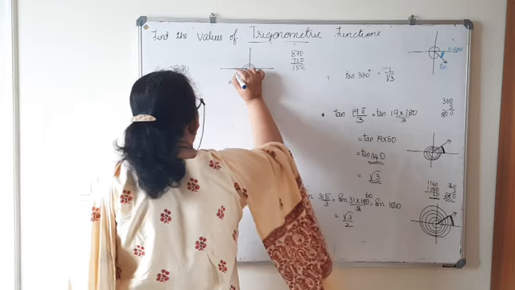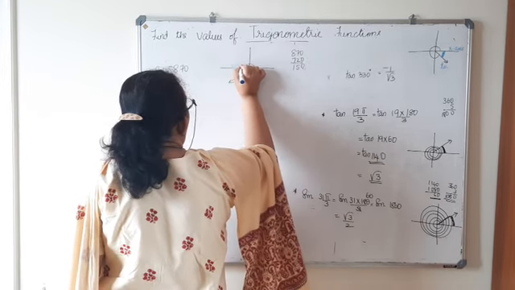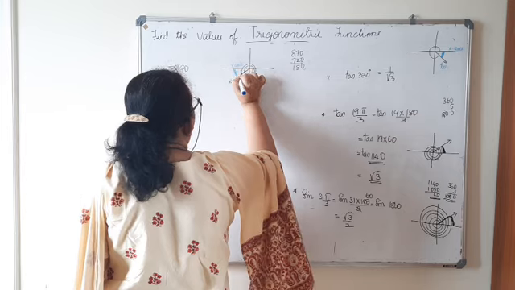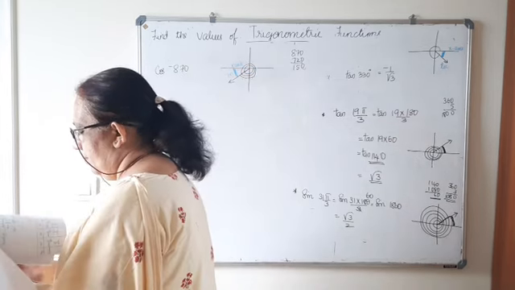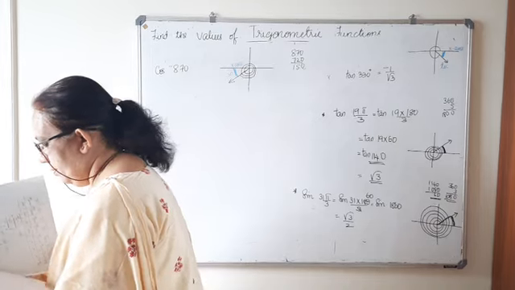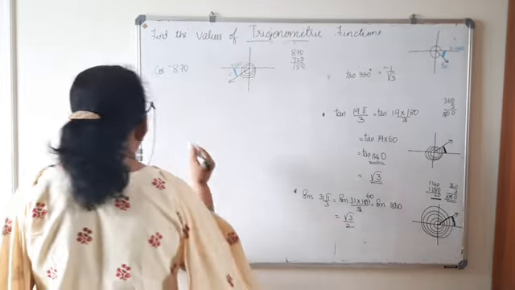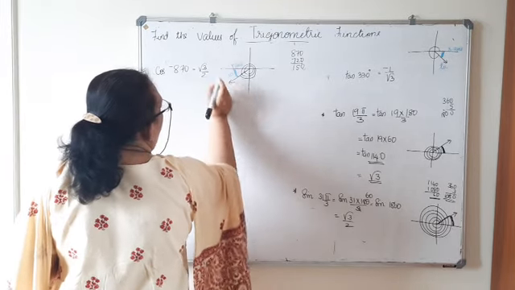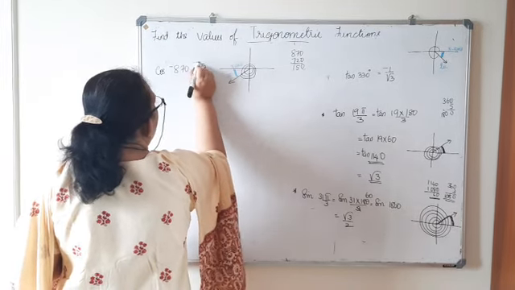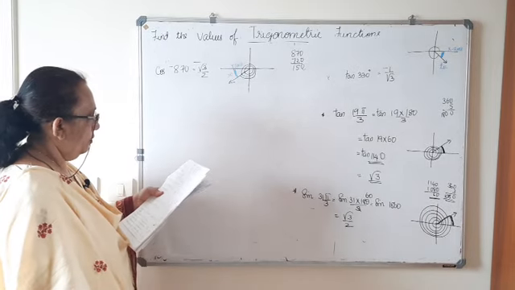So this angle between the x-axis and the terminal side, that is 30. Cos 30. What is the value of cos 30? Cos 30 is equal to root 3 by 2. But it comes in the third quadrant. In the third quadrant it is equal to minus root 3 by 2.